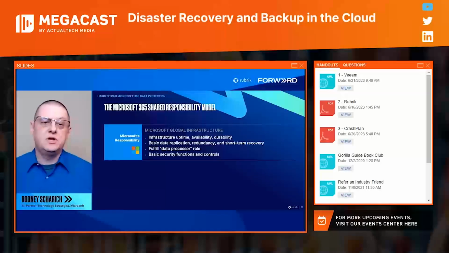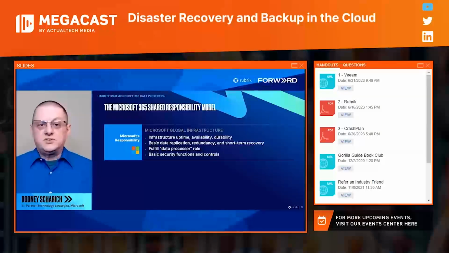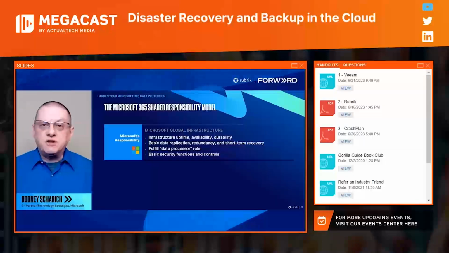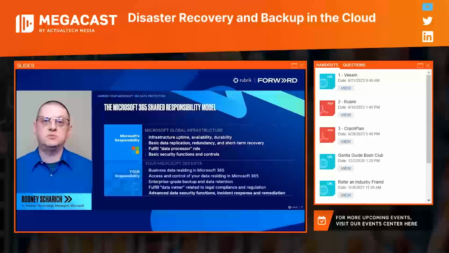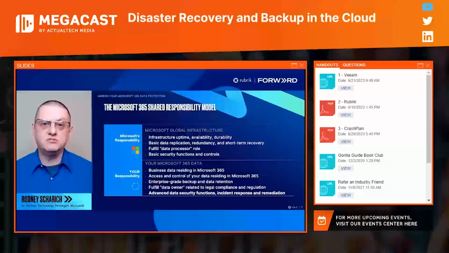We'll also make sure the basic security functions and controls are there, making sure that people don't have access to this from externally or across tenants. But as part of the shared responsibility model, the customers are responsible for keeping the data safe. We at Microsoft will keep the services up and running. The data is up to the customer.